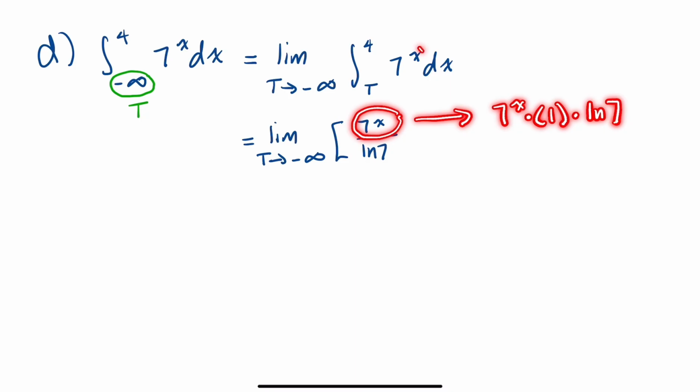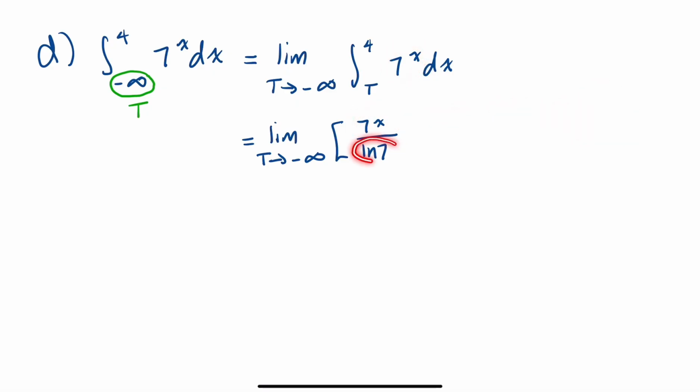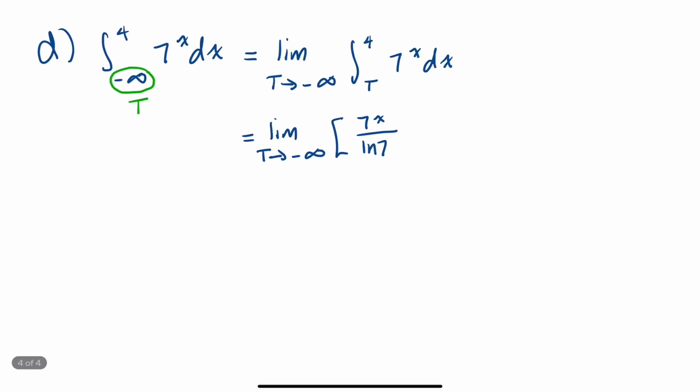And as you can see here, we do not have ln 7. So in order to get rid of this ln 7, we need to divide by ln 7. And if you don't believe me, just take this derivative and you're going to get the exact same thing that is here. And so this will be evaluated between t and 4.